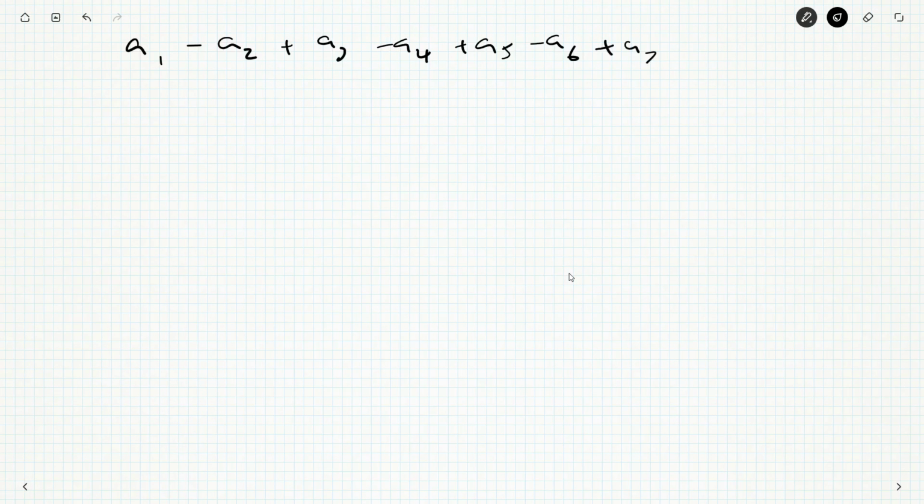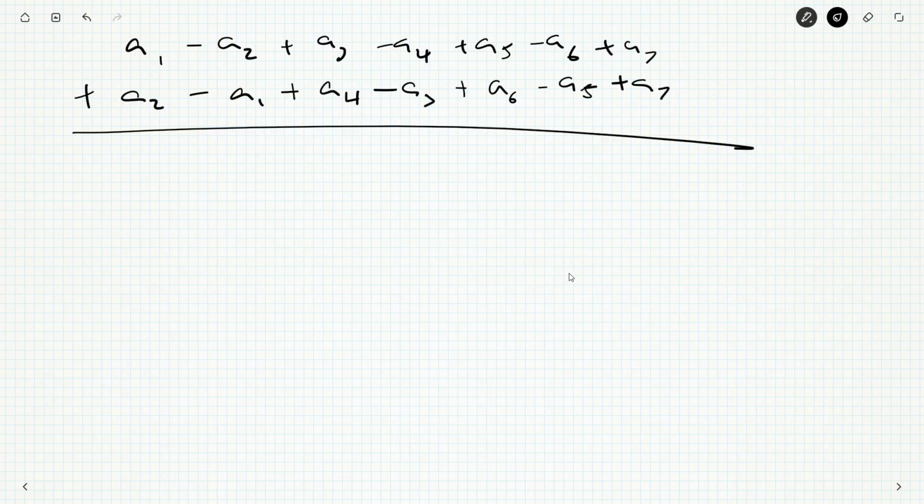In general, for any permutation like this, there's another permutation like this. For every permutation, there's a pair that is like this, and when we add them up, we just get 2 A7s. So how many pairs like this are there? Well, there's 5,040 over 2, because it's pairs, times 2 A7.